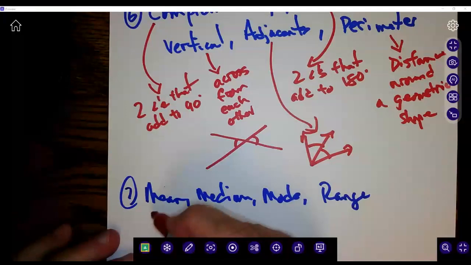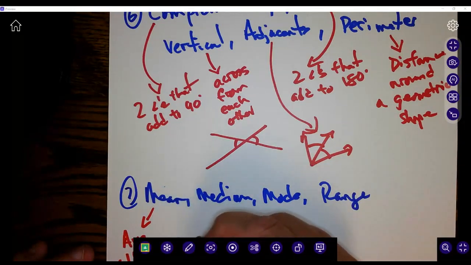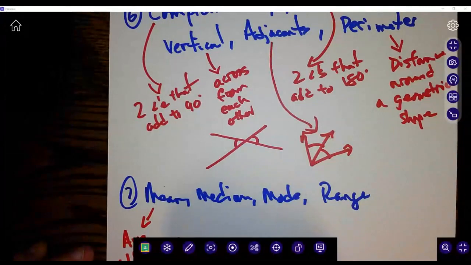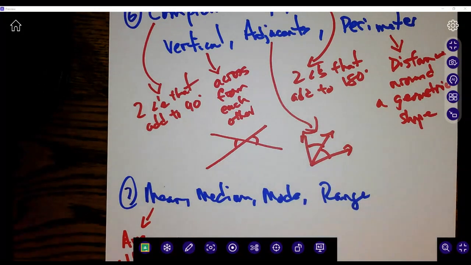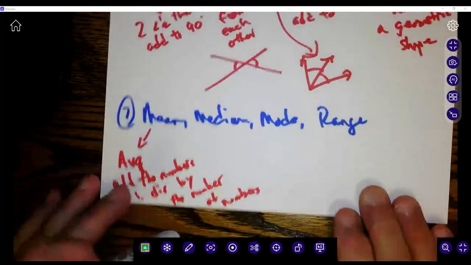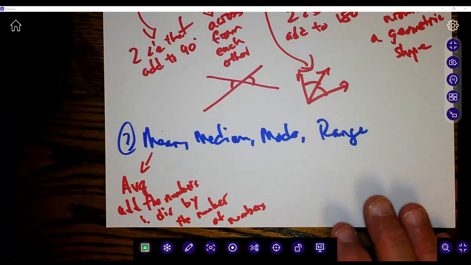Mean is the average, and you add the numbers and divide by the number of numbers. That sounds kind of confusing, but you take the values in the data set and you divide it by the number of items in the data set.